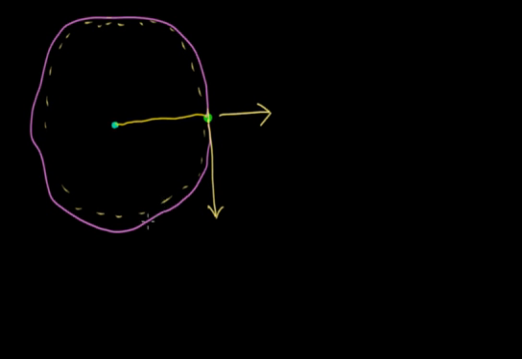If the object was down here, then the velocity is this way. And so forth. I'll do one more example up here. If the object was here, the velocity would be like that.